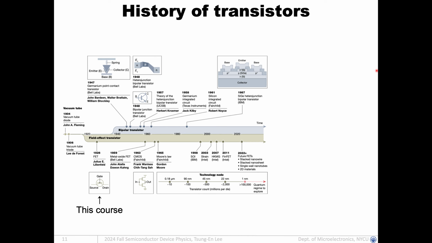The transistor concept began around 1900 with the vacuum tube, which already had a switching function. Then the field effect transistor was invented in 1926, a 3-terminal device. What we mainly use in current technology is the MOSFET, which was invented in 1959 at Bell Labs.